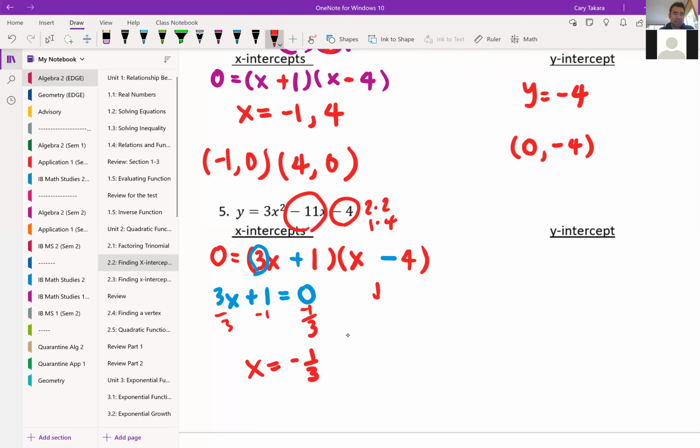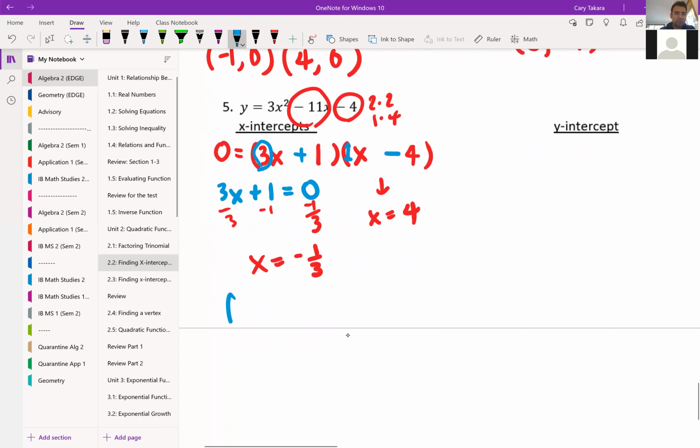And for this one, x equals positive 4. Because there is no number in front of x. Or I should say that the number is 1. It's 1x, right? So in that case, it's going to be just the opposite number. So the answer will be (-1/3, 0) and (4, 0). And the y-intercept is negative 4.